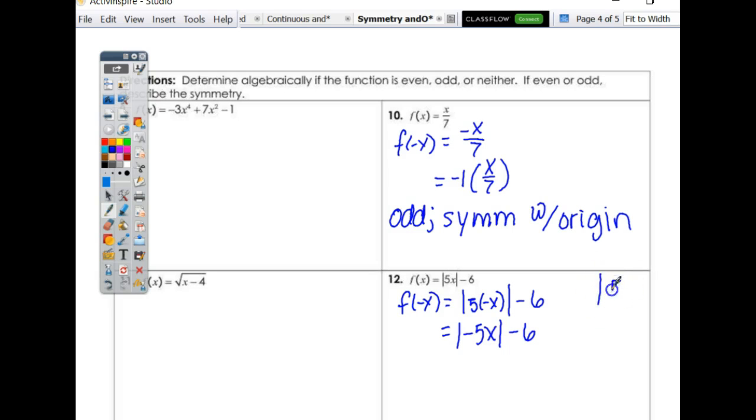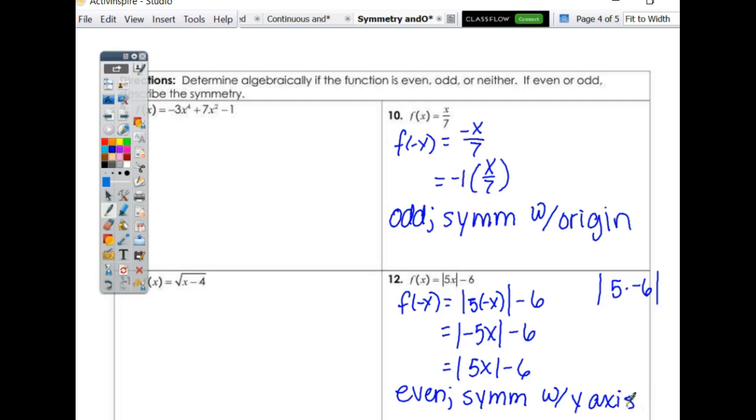So if I have this, 5 times negative 6, what do you get? 30. So you took the 5 times 6 and you made it positive, right? So for this one, I'm going to take 5 times x and make it positive. So did any of the signs change? So this is even. And it's symmetric with the y-axis.